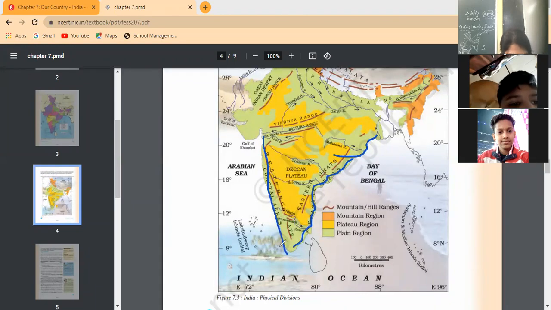Here you can see the Western Ghat, and here on the east side of India, the Eastern Ghat.